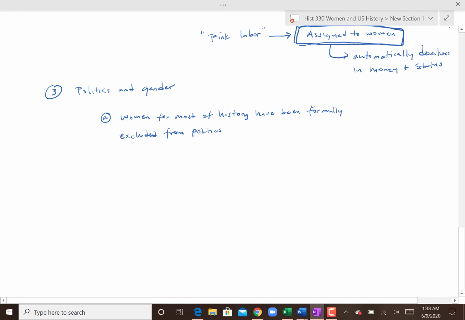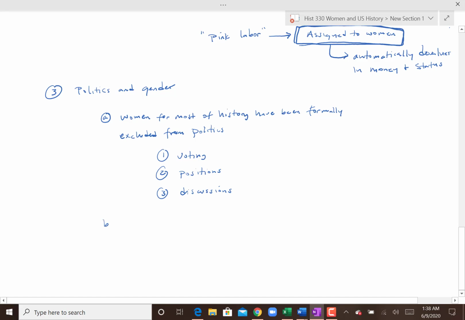And whether that's in conversation, whether that's in actual positions, whether that's in voting rights, so voting, positions, discussions.